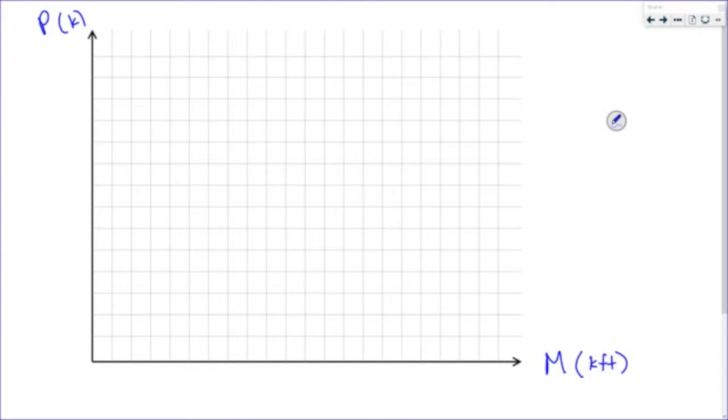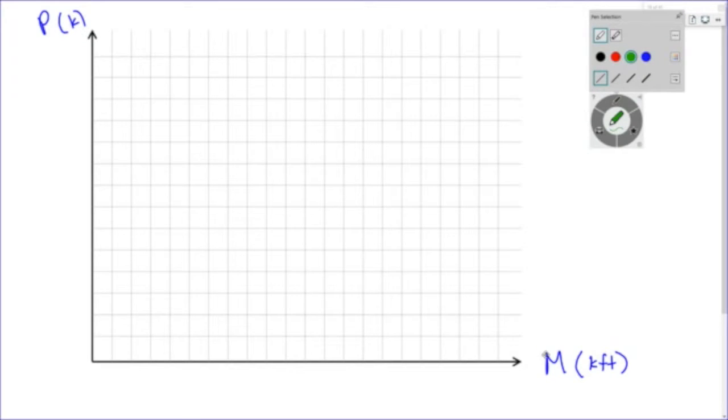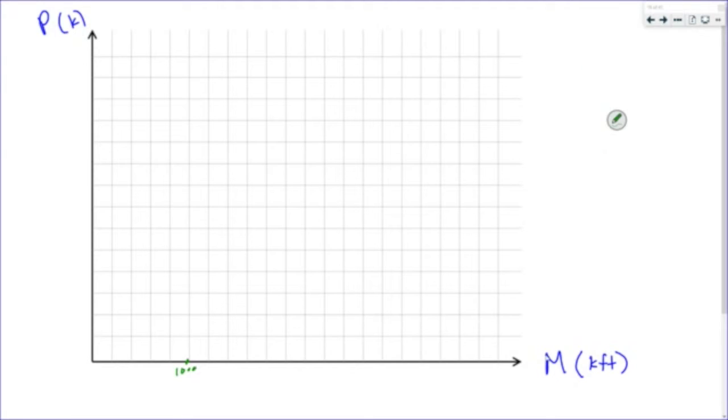Axial capacity, what moment does it have? 0. Let me mark the axes: 1, 2, 3, 4, 5. Put 1,000, 2,000, 3,000, and what's that?